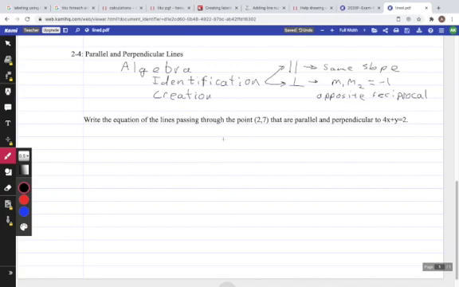So, how can we apply that to actually writing equations of lines? Well, we're going to write both a parallel and a perpendicular line here. And we're going to write it to this line.